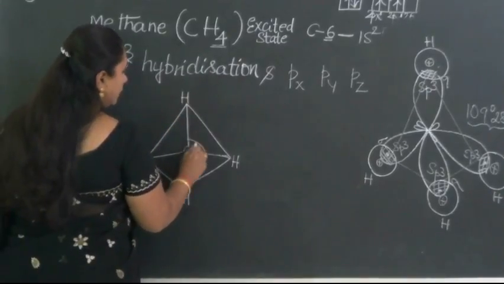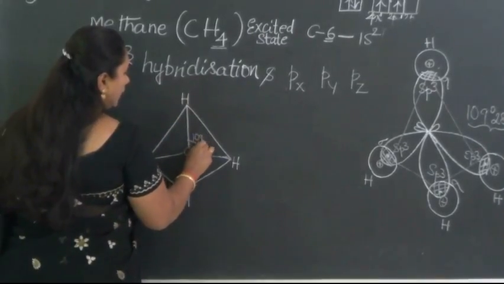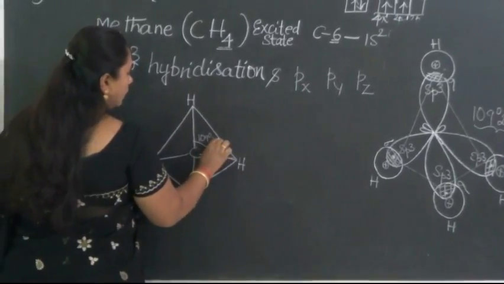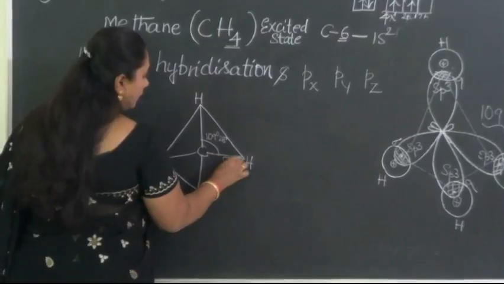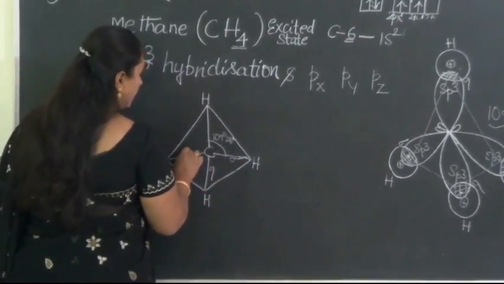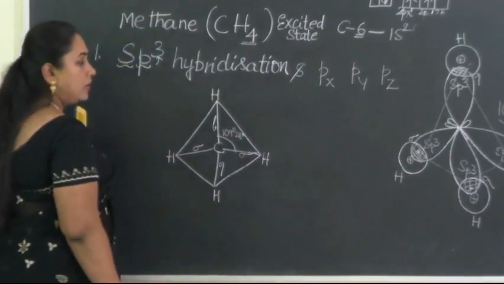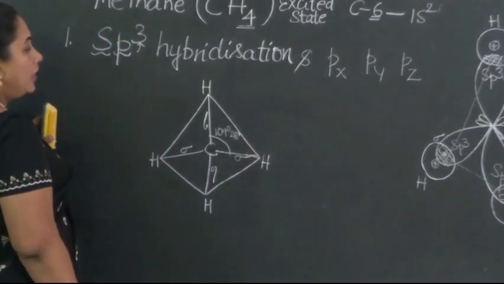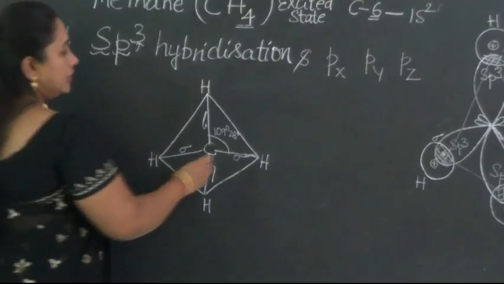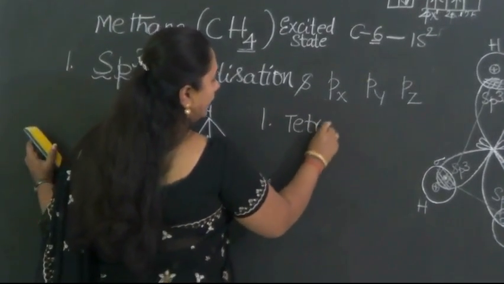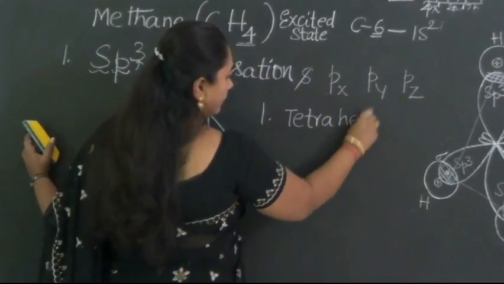What's the bond angle? 109 degree 28 minutes. And what is the type of bond? Sigma bond. So how many sigma bonds are there? 4 sigma bonds are there. So the points to remember here is the shape of the molecule is tetrahedron.